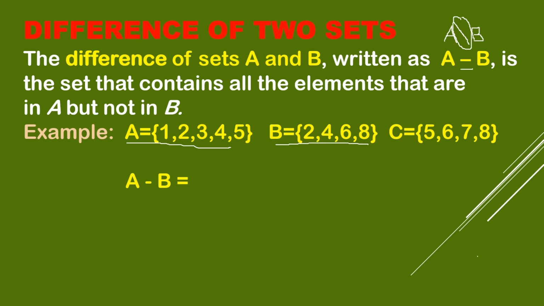May 2 ba si A? Yes. Tanggalin natin yan. 4. May 4 ba? Yes. Tanggalin din natin yan. May 6? Wala. May 8? Wala. So, ano ang natira kay A? 1, 3, and 5. Therefore, our answer is 1, 3, and 5. Nakuha?